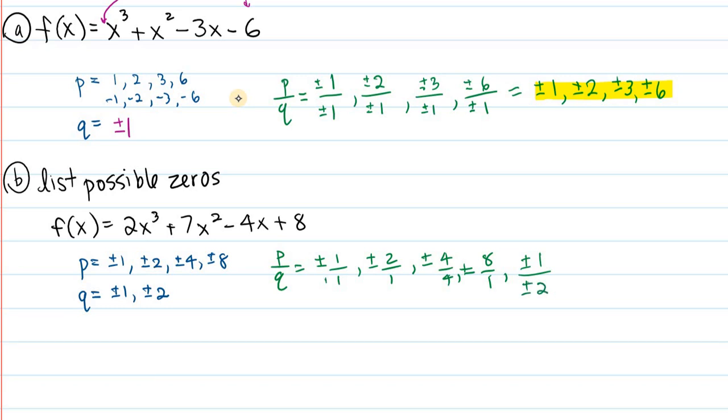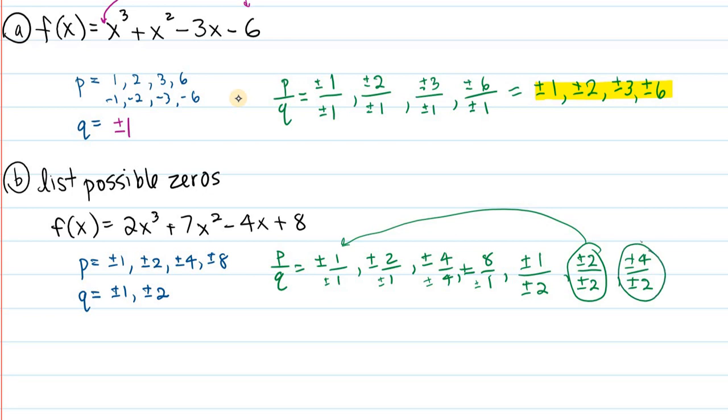By the way, all of these ones should have been plus or minus. Then we would have plus or minus 2 divided by plus or minus 2. But what is that actually going to be? That ends up being the same as this value. Then we would have plus or minus 4 divided by plus or minus 2. What is that? That ends up being this value. And lastly, we would have plus or minus 8 divided by plus or minus 2, which ends up being this value.